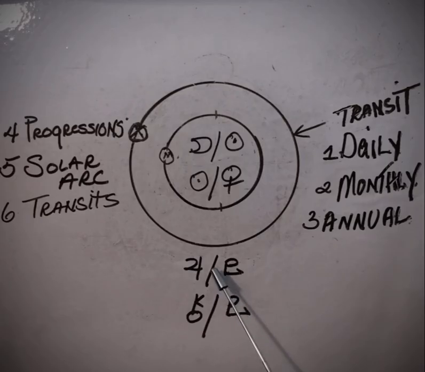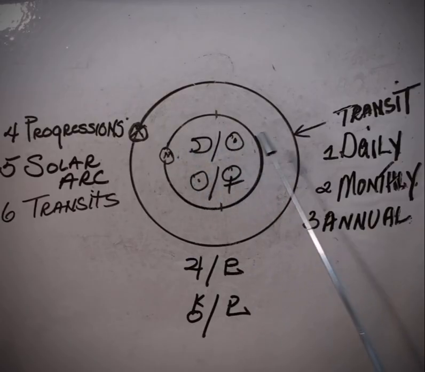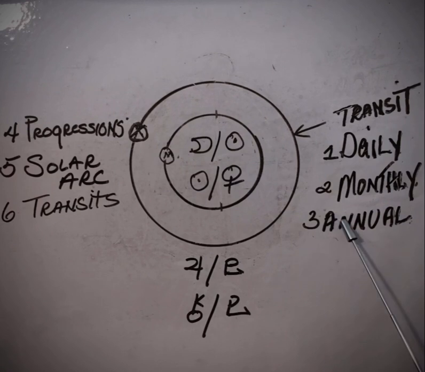But one thing to note now: we have four designated points besides the traditional MC, which is the midheaven, and the ascendant, of course, right? Now, I went over for the last ones the rate. They can happen daily, monthly, and yearly.